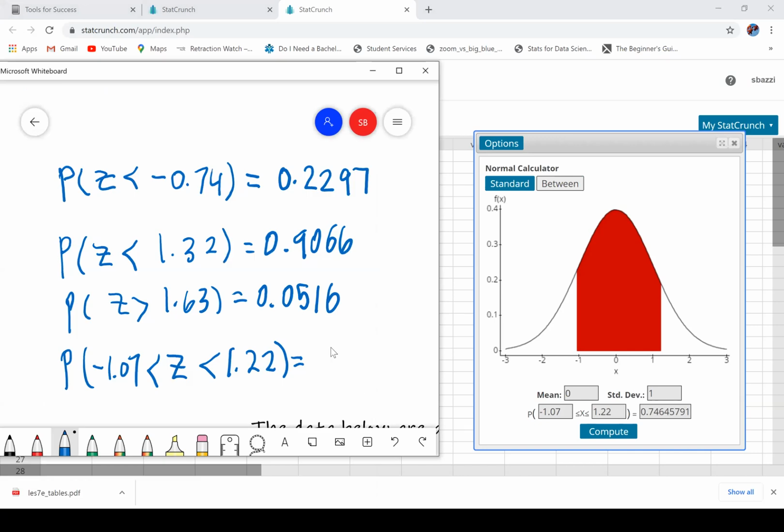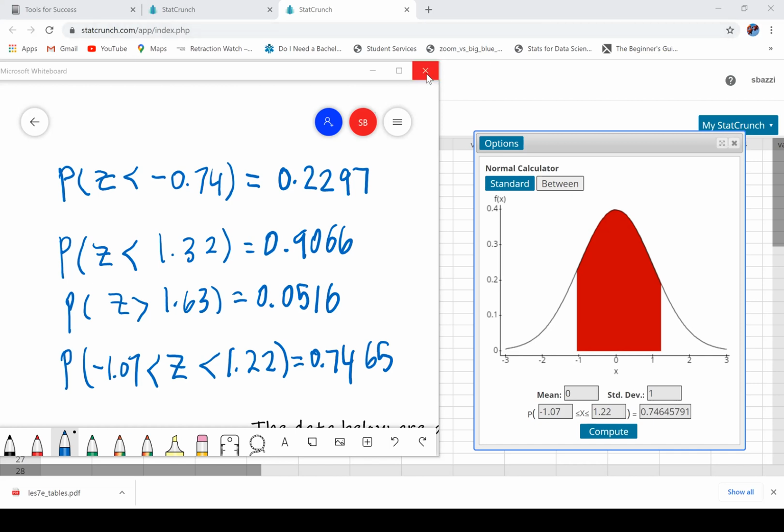And the answer is 0.7465. Any questions, guys? This is how you can use StatCrunch to find the normal probabilities using Z.